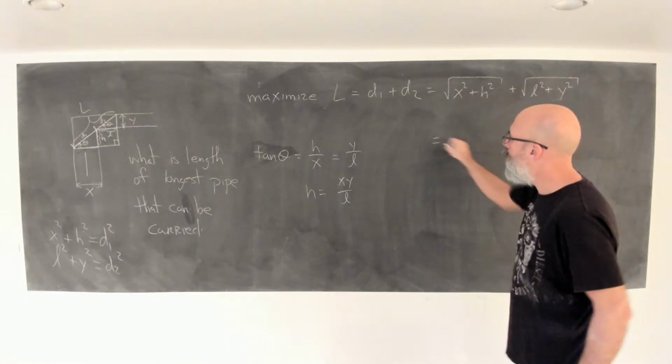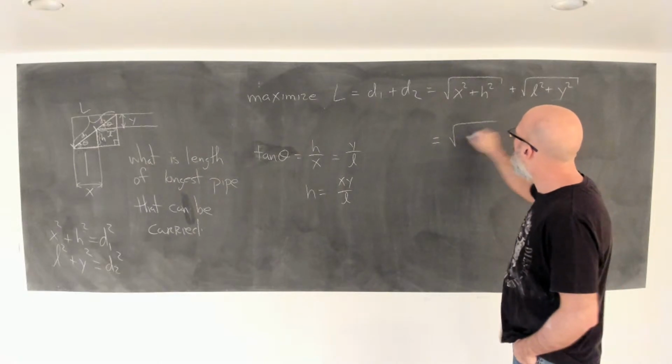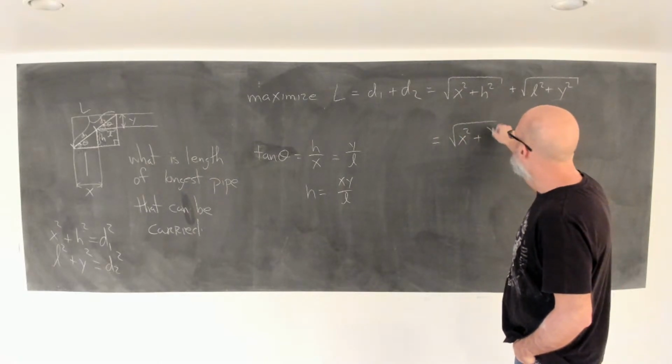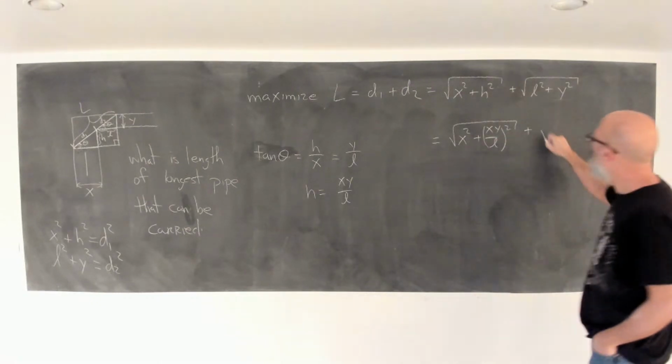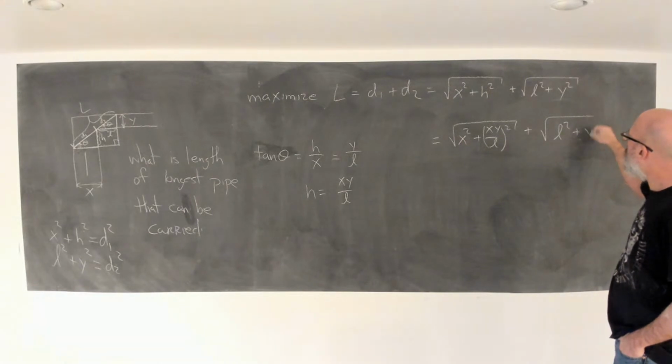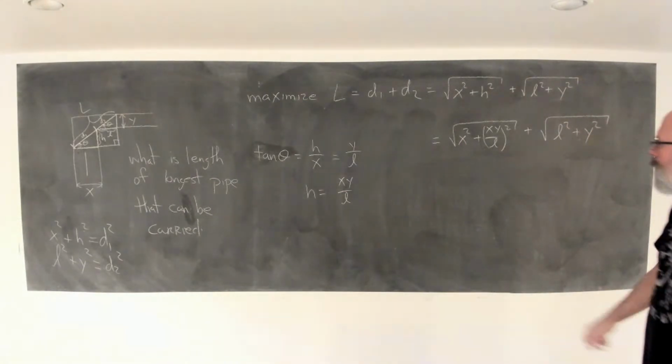So if you replace that in here, this is x squared plus xy over L, all squared, plus L squared.